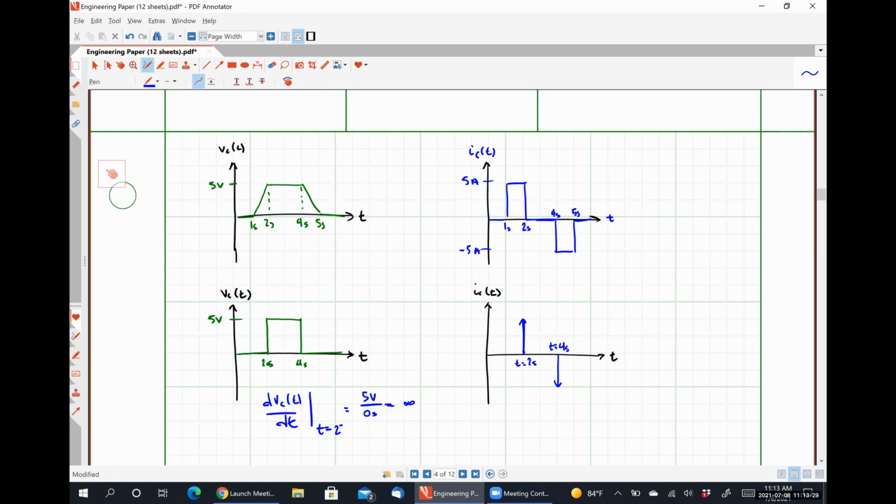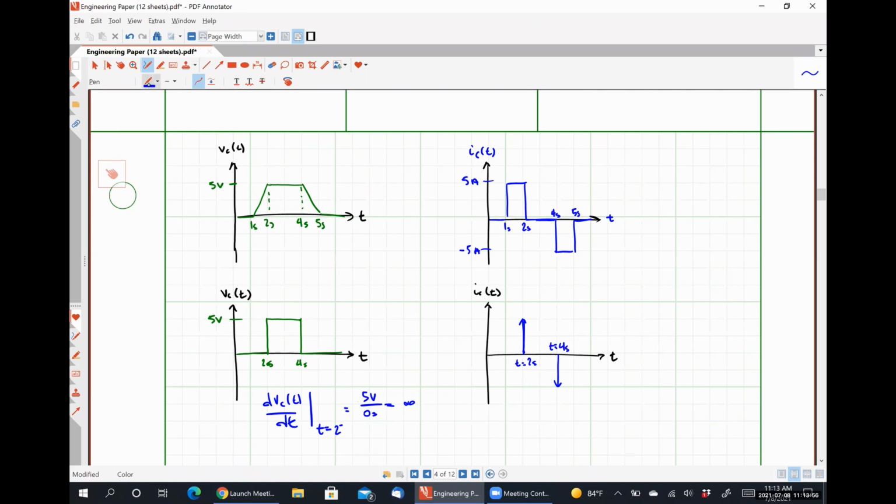An infinitely large current would mean that an infinite amount of charge, which we know can't happen because of physics, would be passing through a point in an infinitesimally small amount of time. Okay. So what happens here is if we cause our capacitor voltage to change abruptly, we kind of break physics.